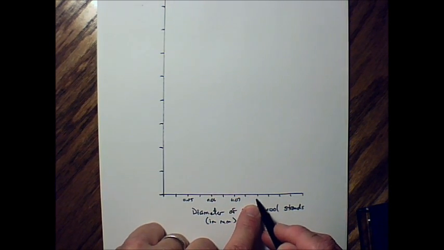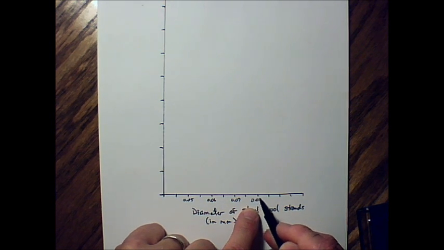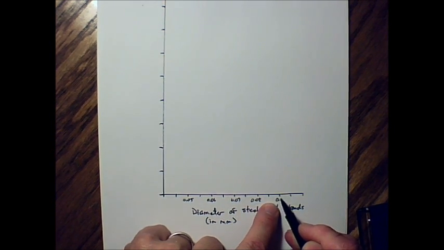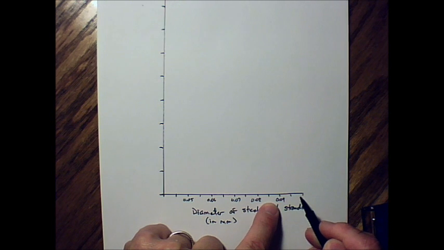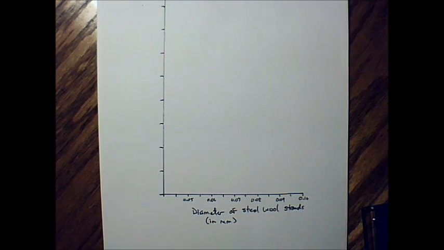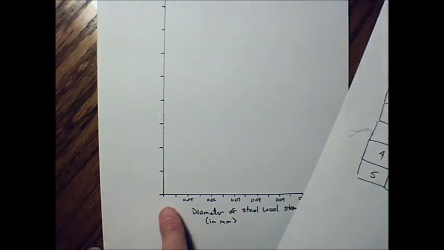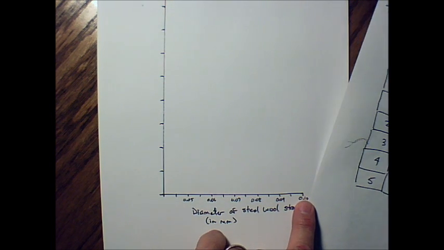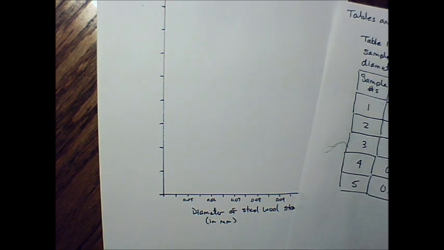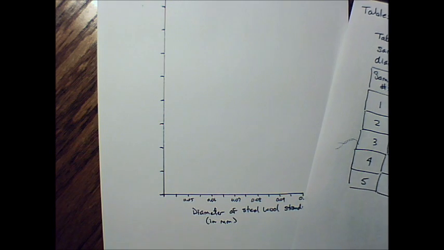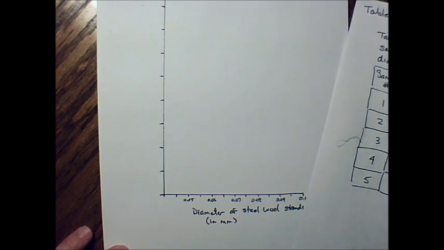And 0.08, I'm going to skip one, do 0.08, 0.09, and 0.10. Okay, that'll spread out my data pretty well. Does that make sense? Okay, I want to spread out this data as wide as I can on the axis. So I've got to do a little thinking. I've got to kind of figure it out. How can I spread it out?